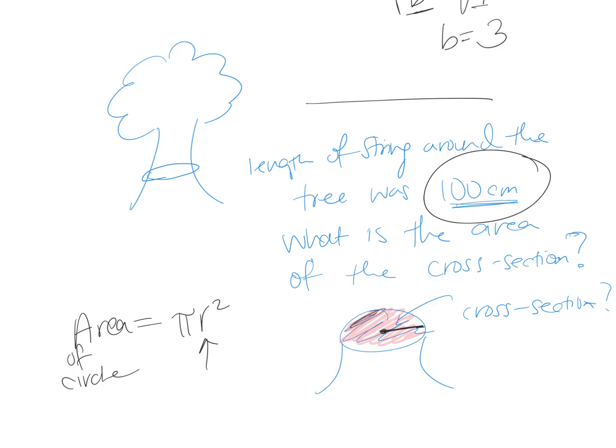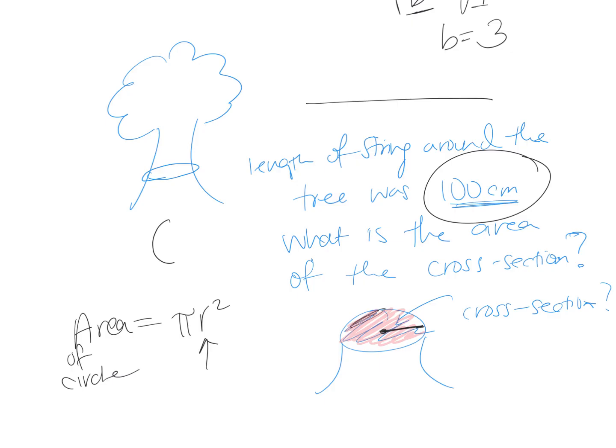Okay. So 100 is not the area, so we can't do 100 equals pi r squared. 100 is the length of the string around the tree. So what do you think that represents? The length.